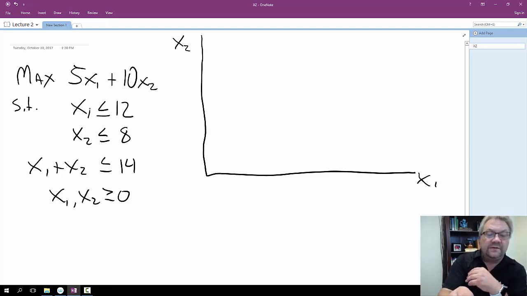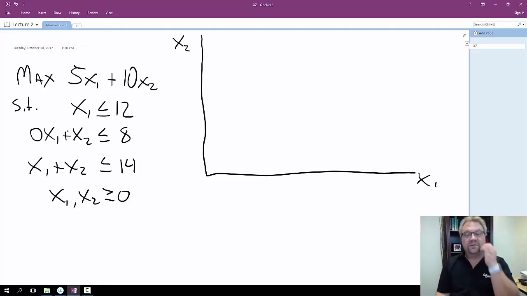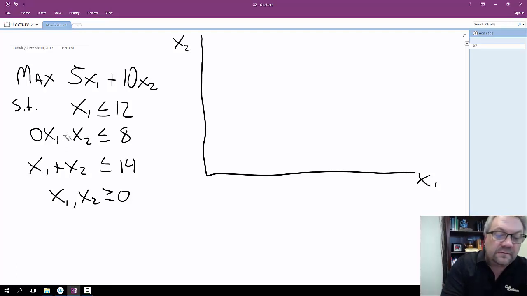So you can think of this as x1 plus 0x2 less than or equal to 12. Here you could think of this one as 0x1 plus 1x2. The point is that not all of your x's have to be in every constraint.